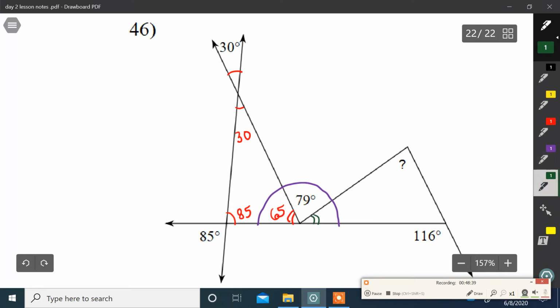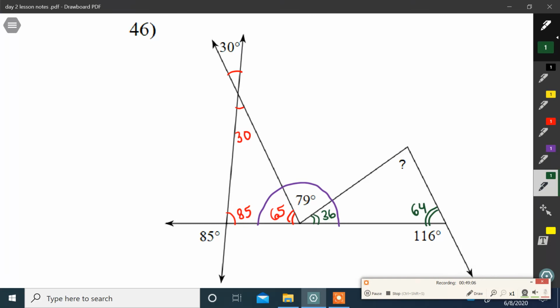So if I want to find this right here, I'm going to subtract 180 minus 65 minus 79. This portion right here is going to be 36. If I want to figure out what this is right here, I need to subtract 180 minus 116. That's going to give me 64.